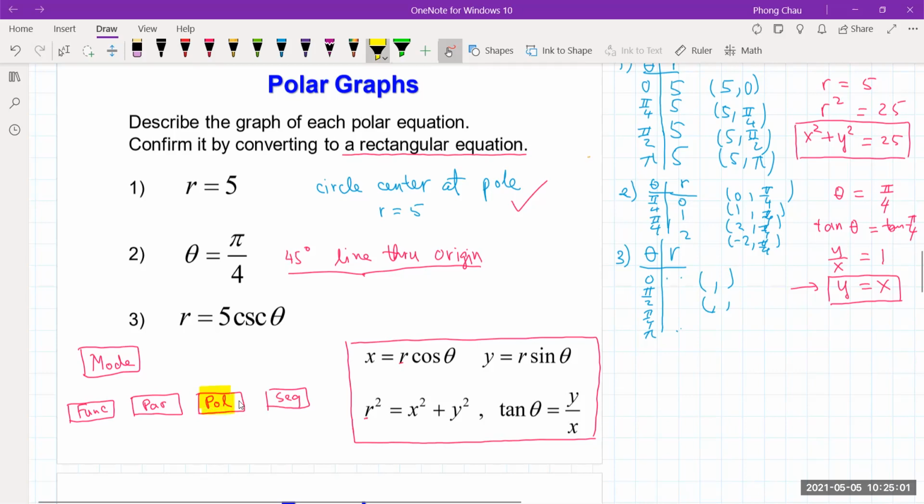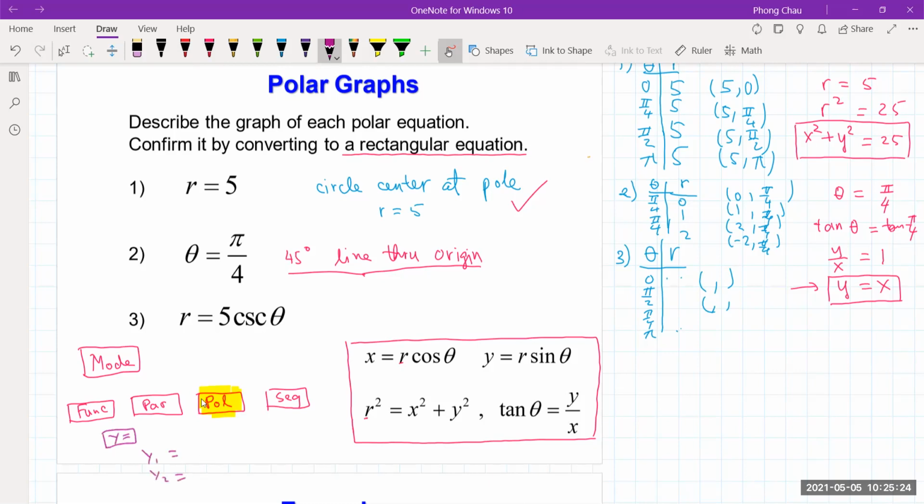Okay, you choose pole. Then you go to the y equal functions. If you hit the y equal functions, this time, instead of y1 equal, y2 equal, which is for rectangular equations, you're going to see R1, R2, and R3. And then you enter the formula.